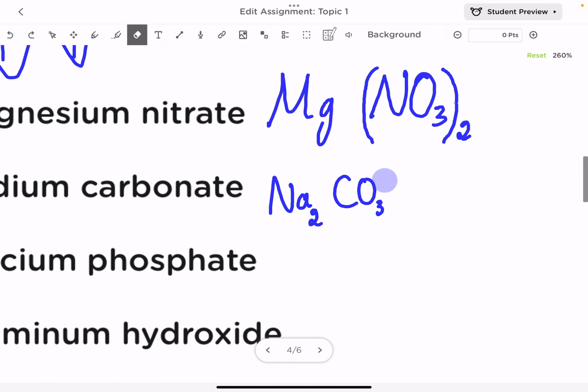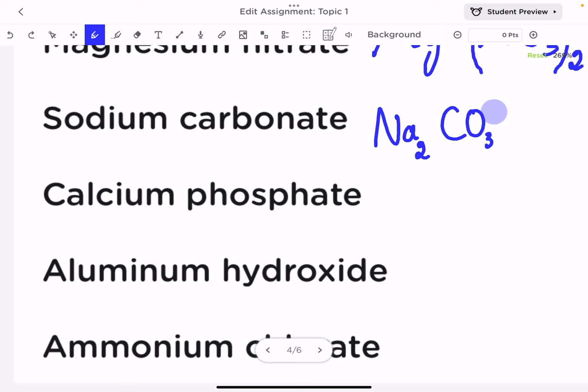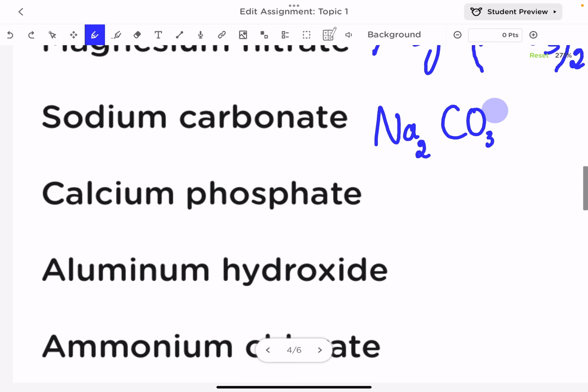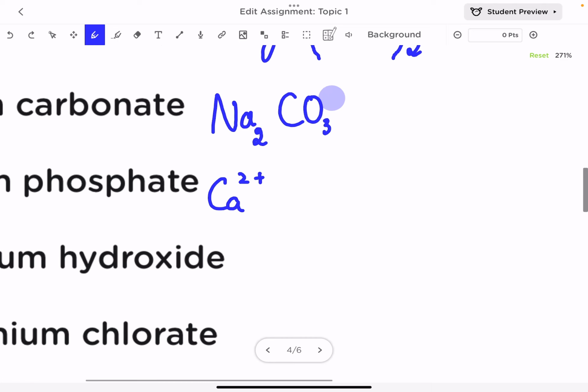Okay, so the next thing now, another example, calcium phosphate. Calcium belongs to group 2, so it has a positive 2, and phosphate has a negative 3 charge. As I mentioned, the PO4 not to touch.